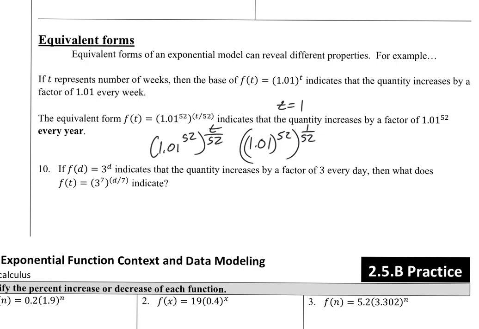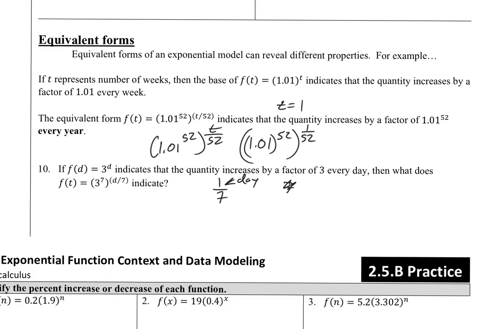Like number 10 says, if f of d equals 3 to the d, that indicates the quantity increased by a factor of 3 every day, so we're tripling every day. What would this represent? Let's just plug in a 1. You'd end up with 1/7, where this is a day. If that's a day, then 7 would have to indicate a week.